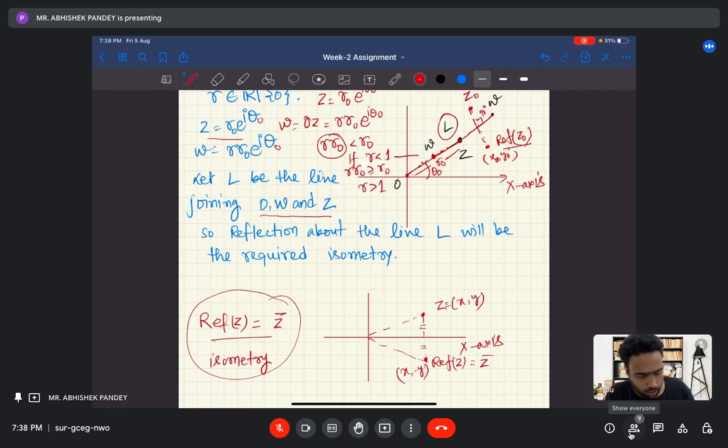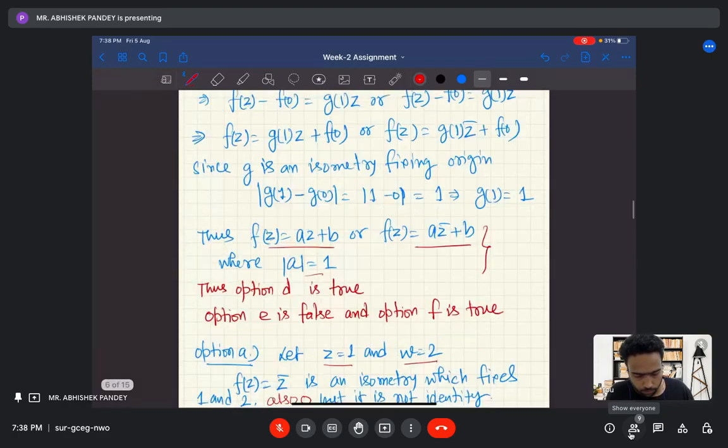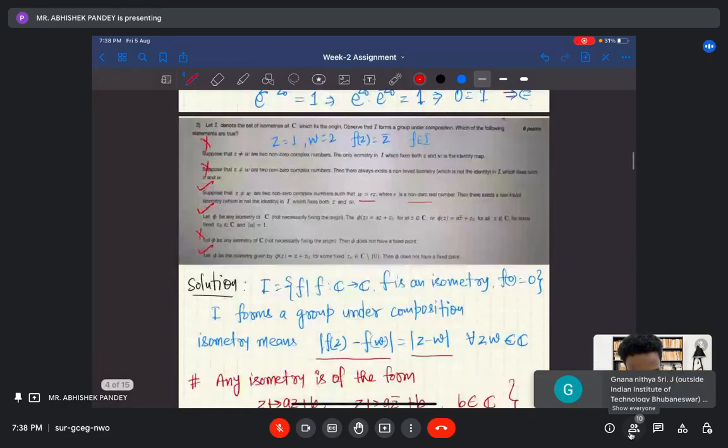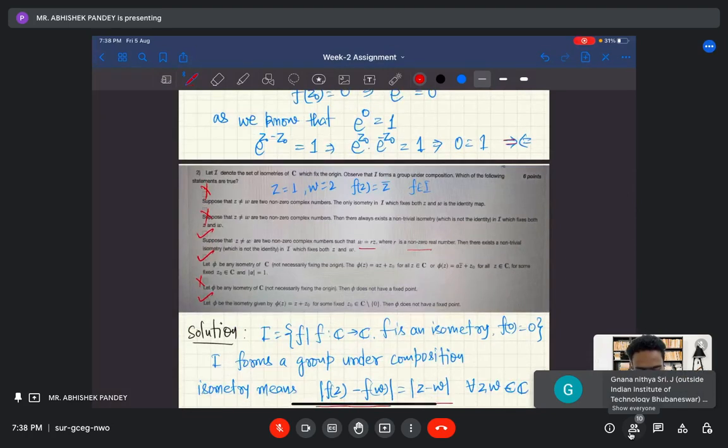So this reflection belongs to I. So option C is also true. Okay, fine. Any other question? Is it clear? Yes. Okay, fine.